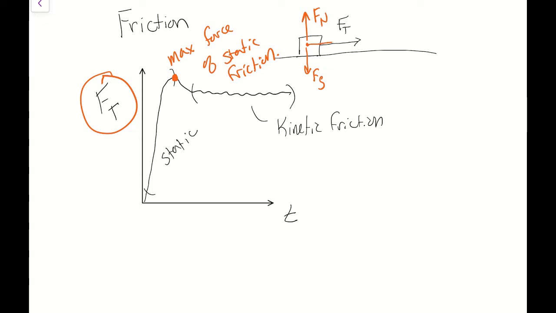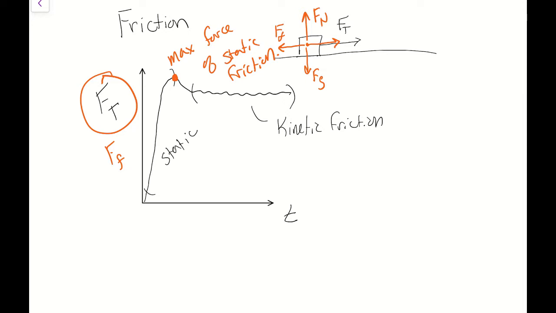We have that force of tension to the side, and then we have that force of friction backwards. As long as this object is in equilibrium, so either stationary or moving at a constant speed, the force of tension will be equal to the force of friction. So I could have graphed the force of friction here just as easily as the force of tension.